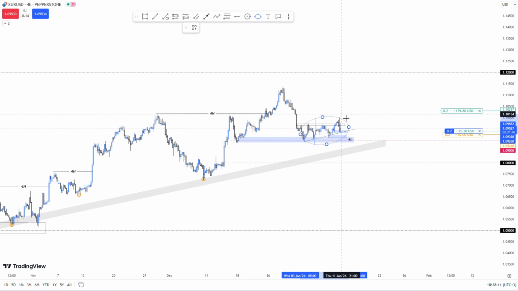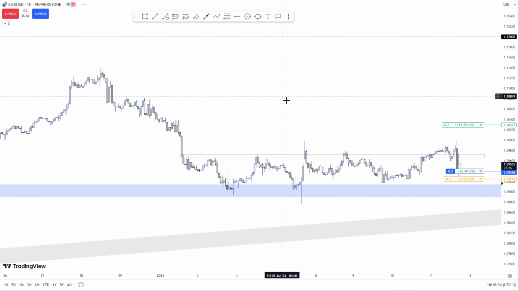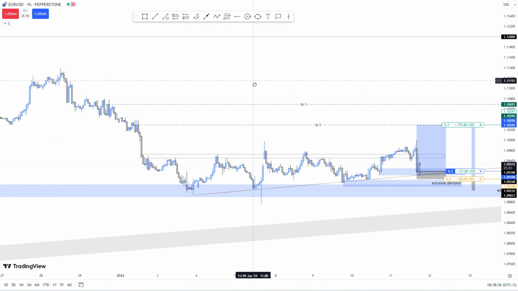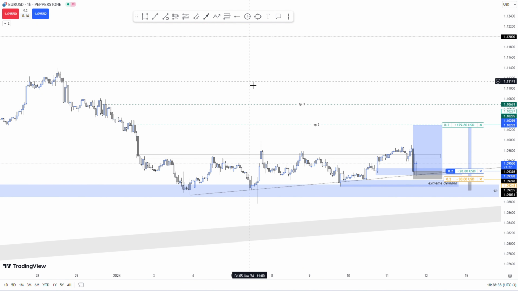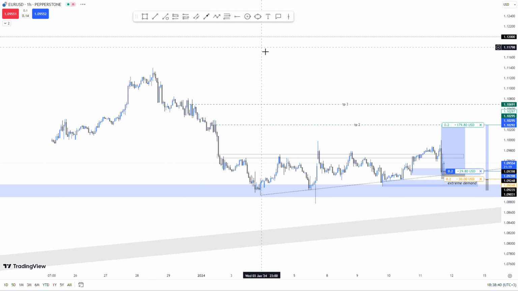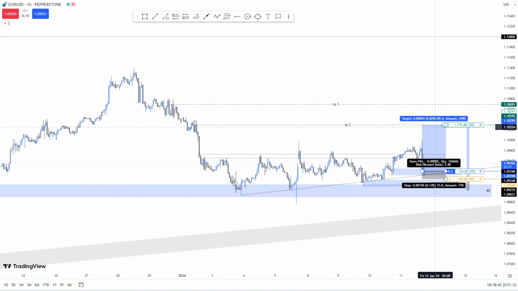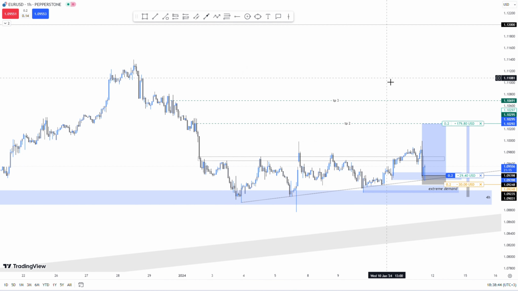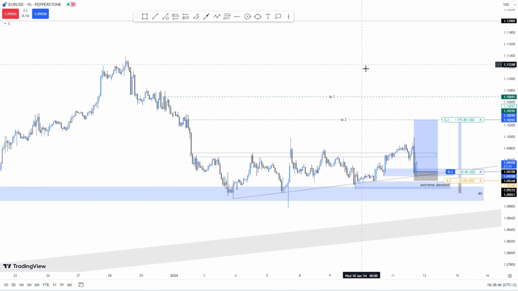On the lower time frame, this is the part we want to see in deeper detail, how price reacted to the demand zone, and this will help us know if we should be buying or staying out of the market. For this case, I'll be using the 1 hour time frame, though I usually use 15 minutes, because there's a lot of price action going on here. The 15 minutes have a lot of noise at the moment.